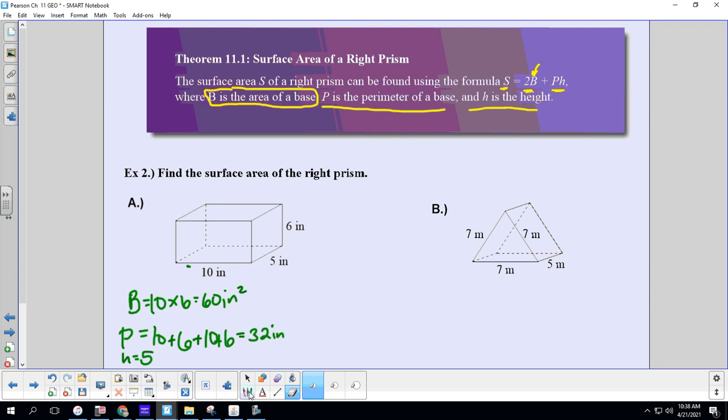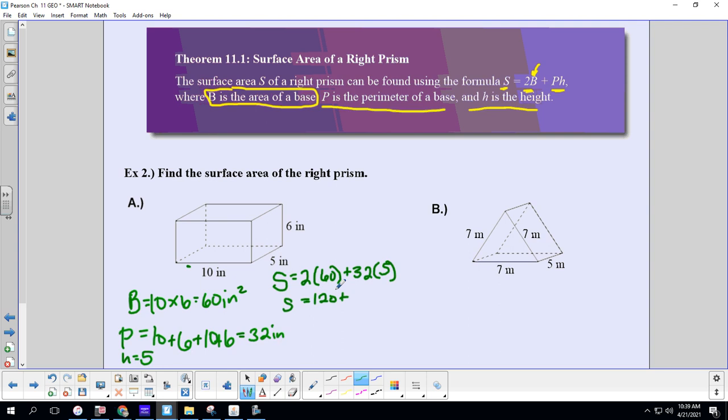All right, so let's put all those things in the formula. Surface area is equal to 2 times the area of the base plus the perimeter of the base times the height. So that's 120.